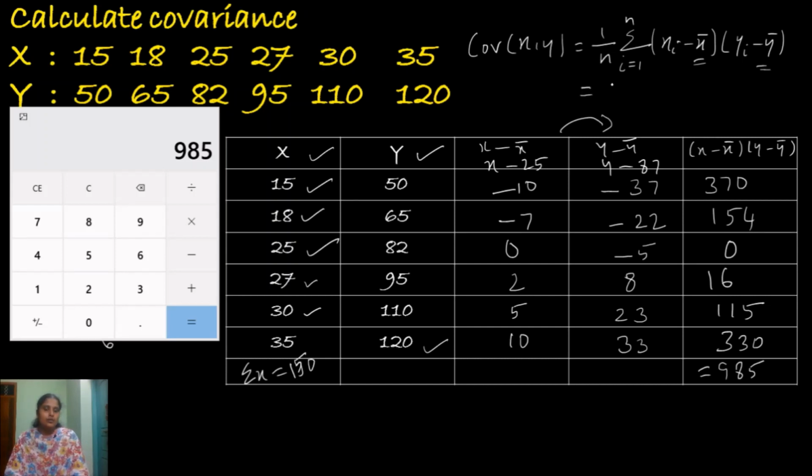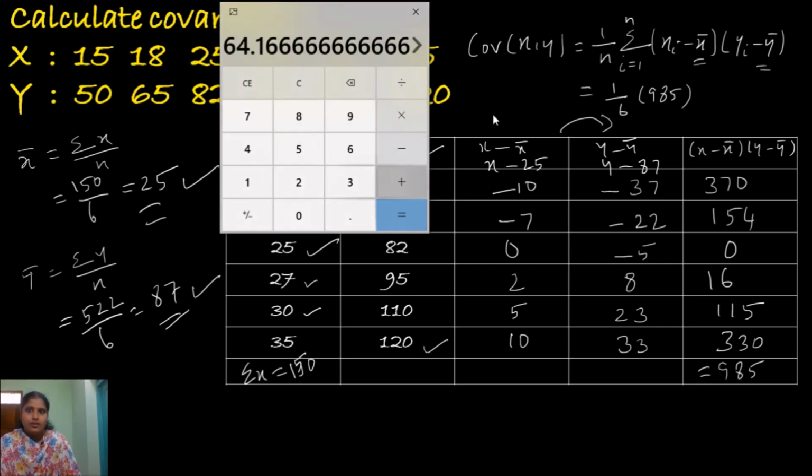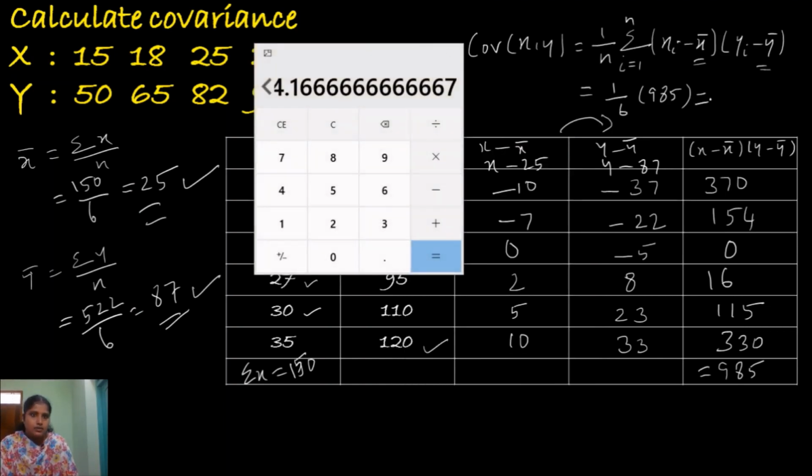So 1 over the total number of values, here 6, times 985. When we divide 985 by 6, we get 164.166. That is, I have to take 164.17.